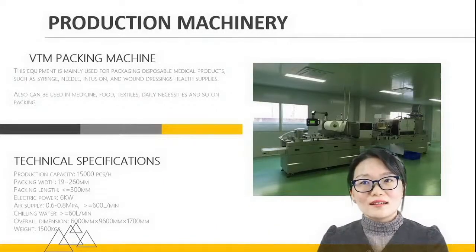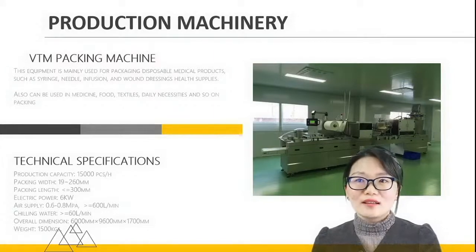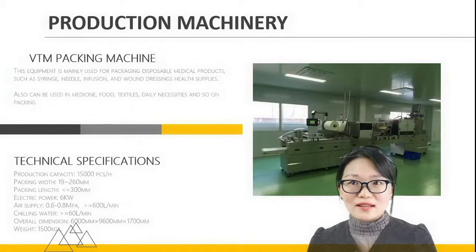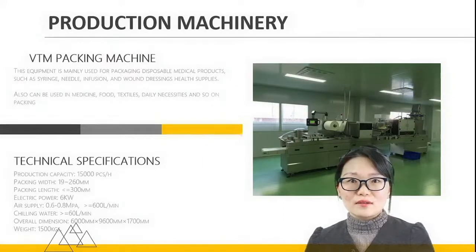The last is the blister packing machinery. It is used to pack the tubes and the swabs together into this blister package.